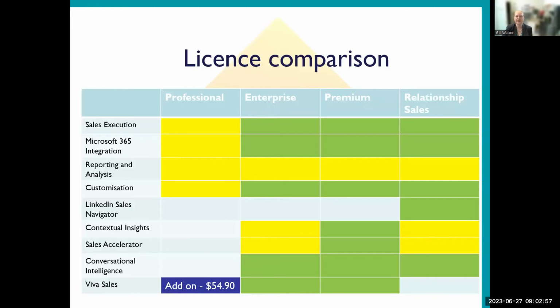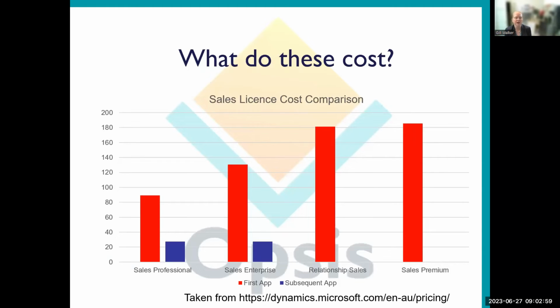And just so that you can see what the cost of those is, you see roughly how the costs compare. Those costs are Australian dollar pricing, and these blue are if you want sales professional or sales enterprise as an add-on to another initial license.